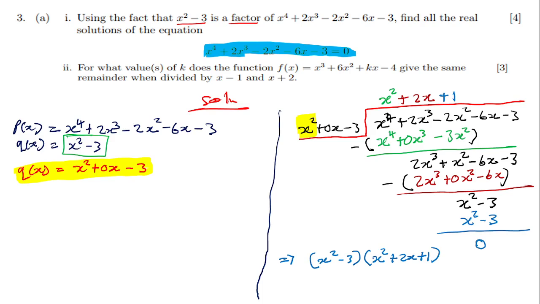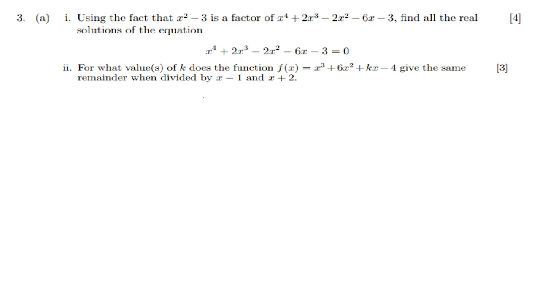Now, since this is not factorization, but it's an equation, what I'm going to do is equate these guys to 0. Since it's an equation, I'm going to equate these guys to 0. Now, once I have that, I have x squared minus 3, and then close bracket, x squared plus 2x plus 1 is equal to 0.